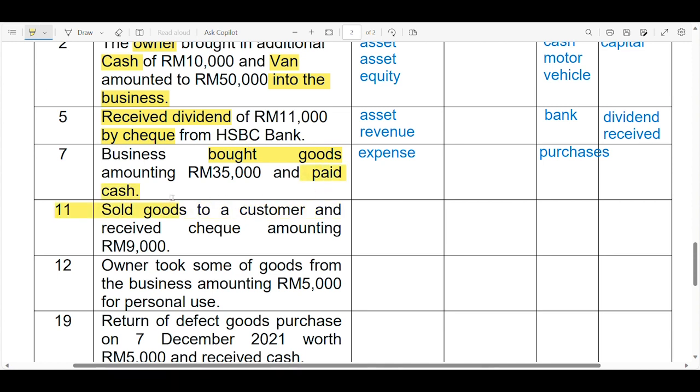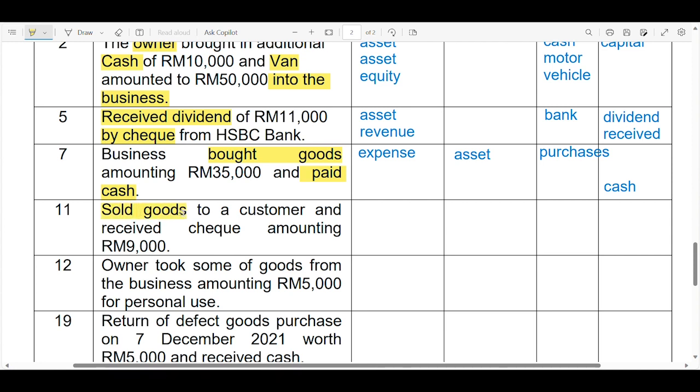By paying cash. So paid cash means a decrease in asset. Decrease in asset, you credit asset account. So which asset account is to be credited here? Paid by cash, so cash account is affected. So credit cash.